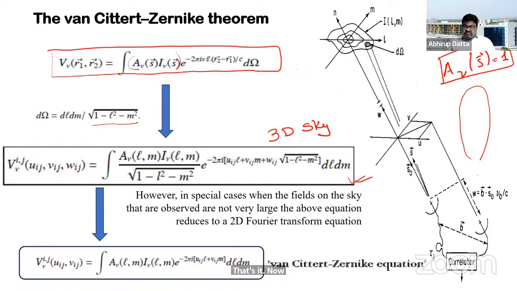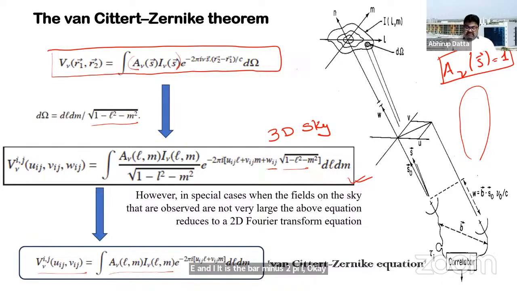Now, this is not a Fourier transform, sorry, but it becomes a Fourier transform if we do a simple approximation of a small field. So the third dimension of W and N becomes negligible, and this expression reduces to just a two-dimensional Fourier transform, where V is a function of U and V, no longer W. That can be ignored, and it is A and I, the product of both, e to the power minus 2 pi i (Ul + Vm), times dl dm.